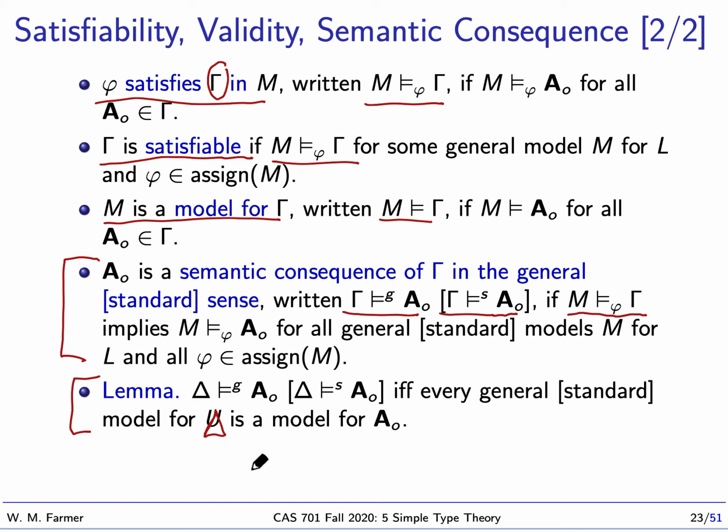It's a bit simpler, and basically just to repeat, if A is a semantic consequence of delta, it means that A will be valid in every model of delta.